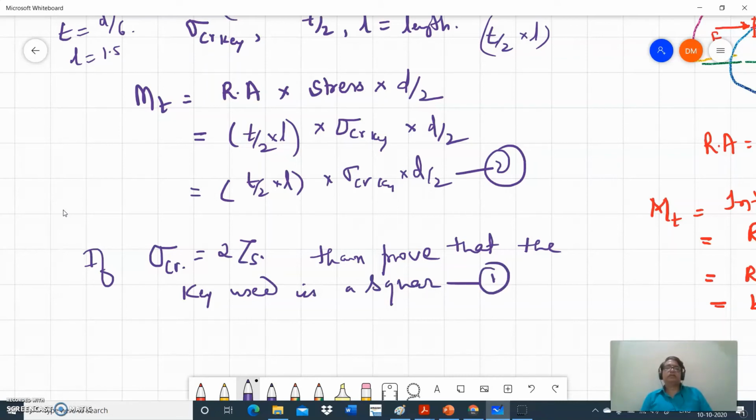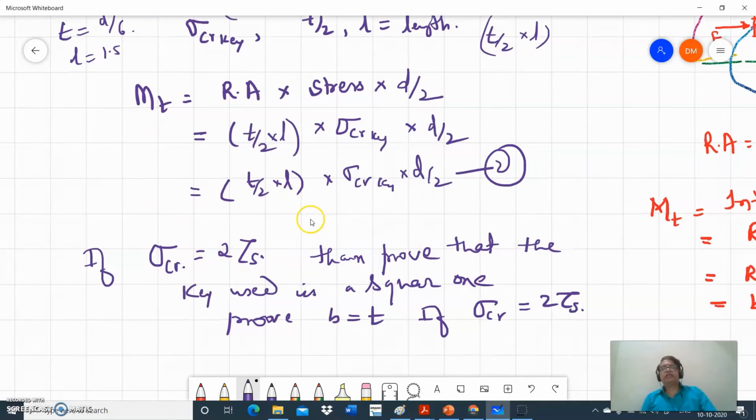Means we have to prove that B is equal to T if sigma CR is equal to twice the shear stress.